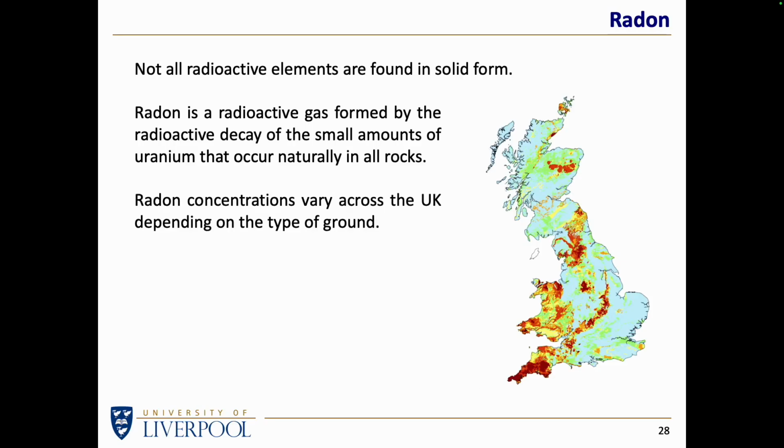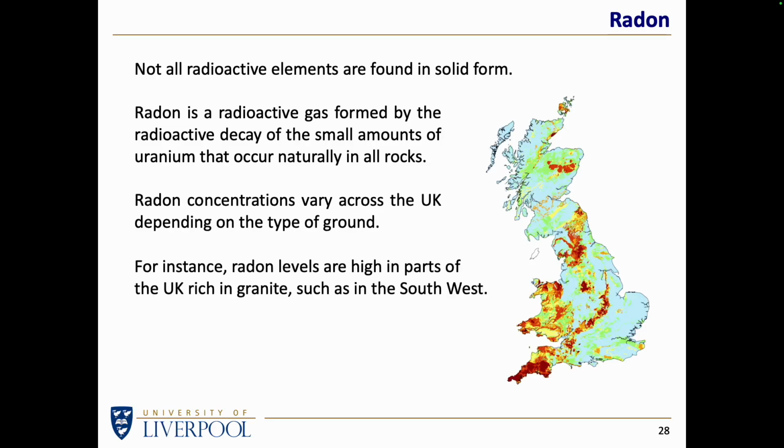Radon concentrations will vary across the UK simply because it's a question of how much granite is under your feet. Note that in Liverpool we have the lowest color, the lowest level of radon. It's not strictly zero, but it's relatively low because we have very little granite here. If we were to go down to Cornwall or Cumbria or some of the highlands in Scotland, we'd find a lot more granite, a lot more radon, and we'd see far more alpha particles in our cloud chamber.